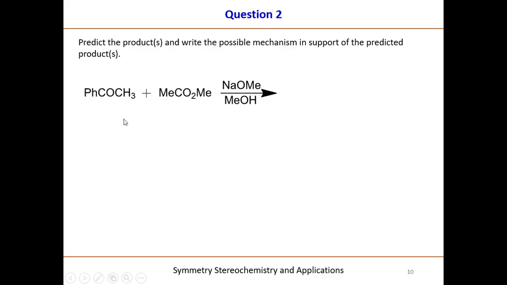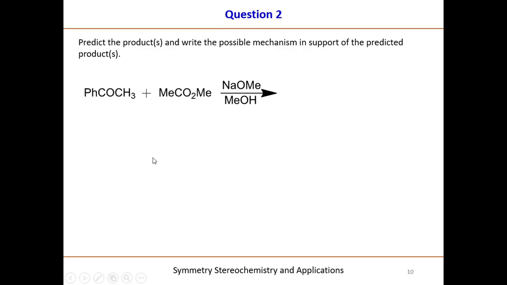We have here ketone and esters. So first what we have to do, we have to form the enolate. How the enolate will form, we have to see here.